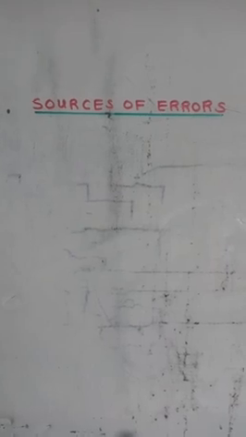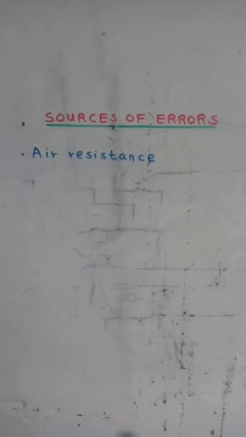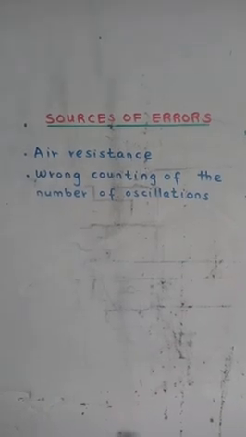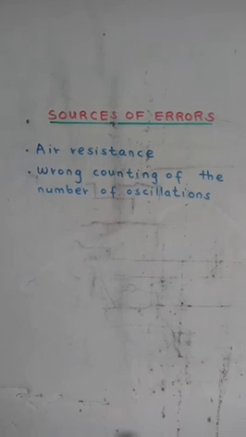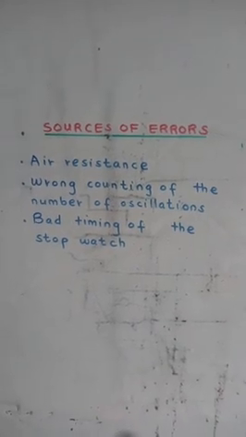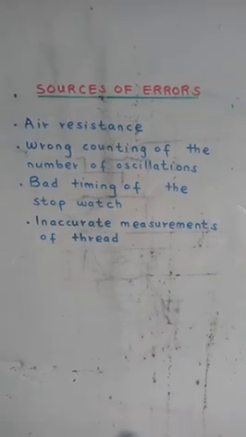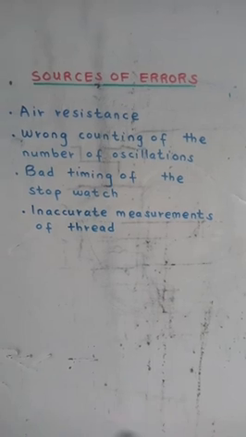Sources of errors: air resistance, wrong counting of the number of oscillations, bad timing of the stopwatch, and inaccurate measurements of thread.